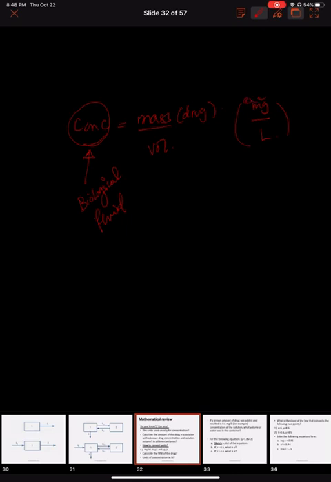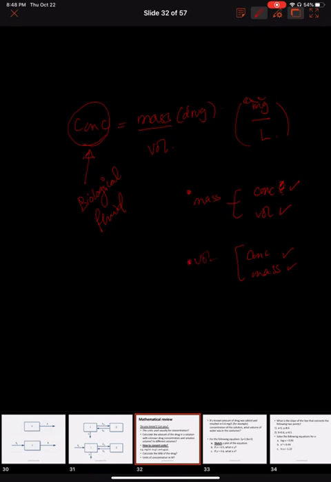If you have a known concentration and a known volume, can you determine the mass? This was my question. Or if you have your concentration and the mass of the drug, can you determine the volume of the fluid?